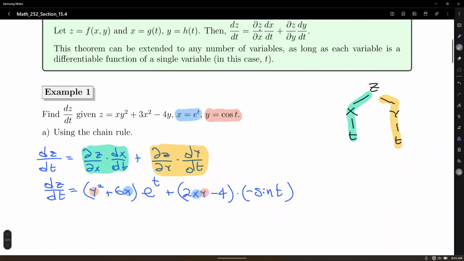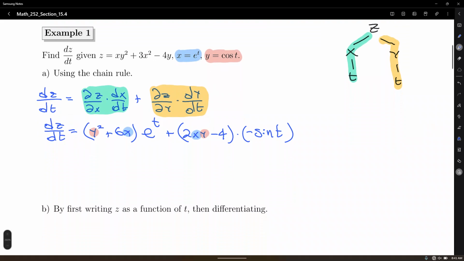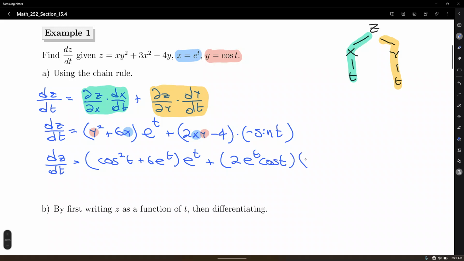All right. So that equals dz dt equals cosine squared t plus 6 times x, which is e to the t, times e to the t, plus 2 times the quantity x, which is e to the t, times y, which is cosine t, everything multiplied by negative sine t.